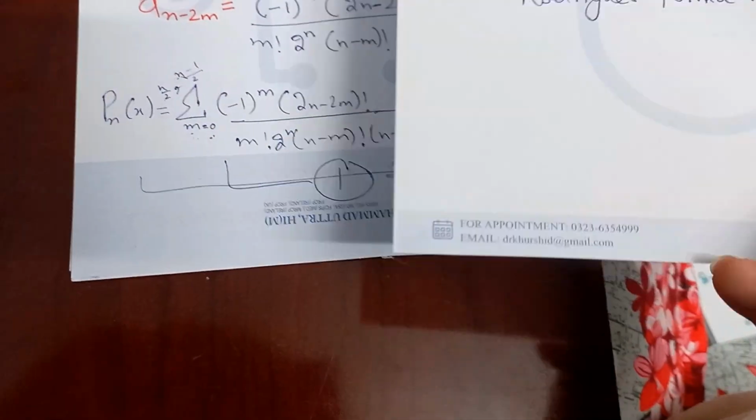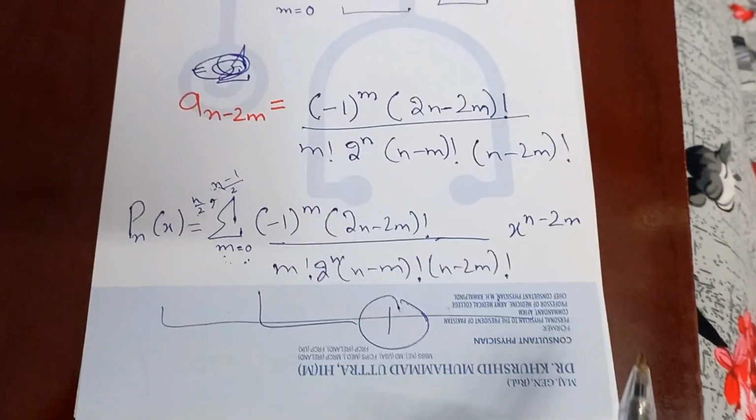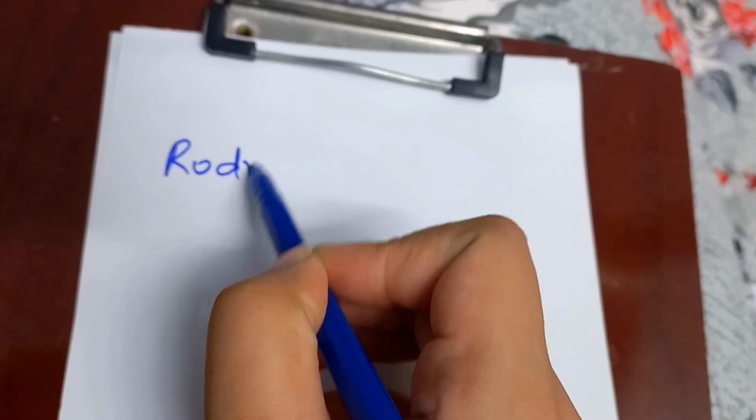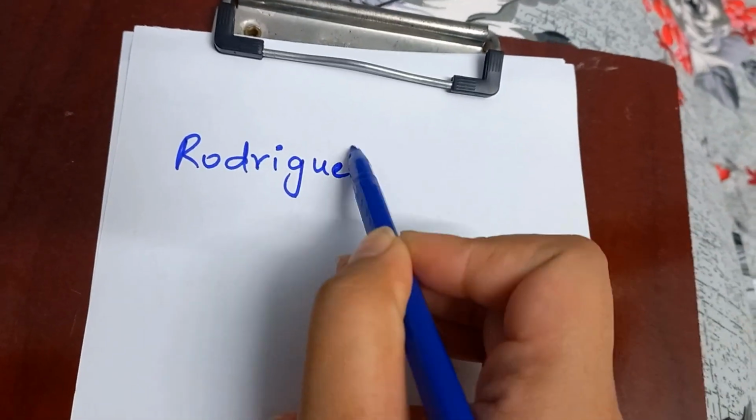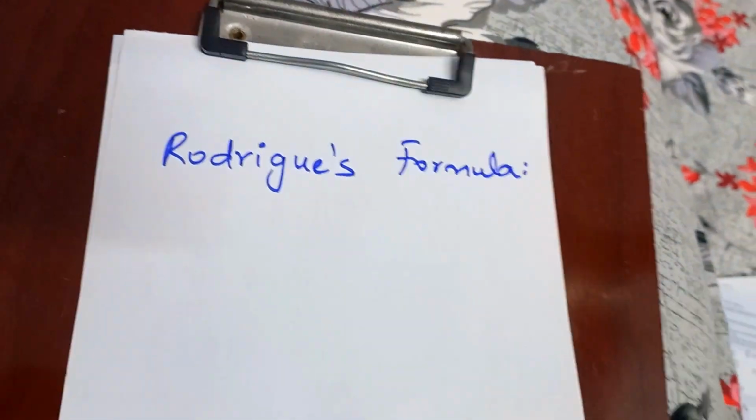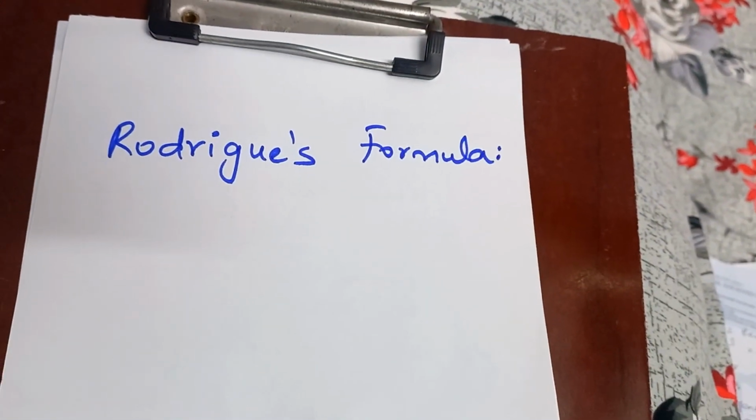Okay, let me write it by hand so that you may recognize the elements of it. Let us write the Rodrigues formula. Every special function has a Rodrigues formula, an equivalent Rodrigues formula.